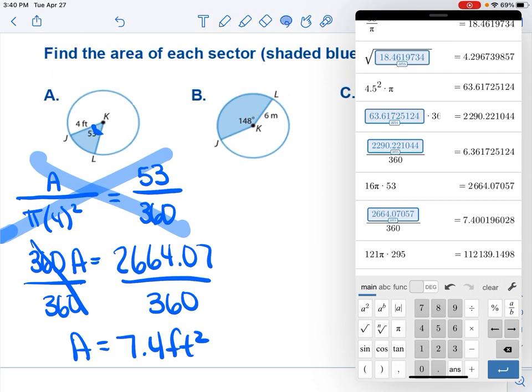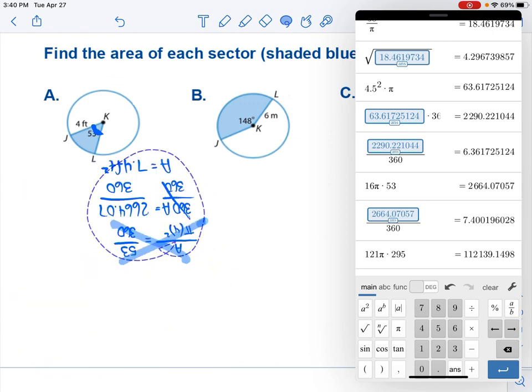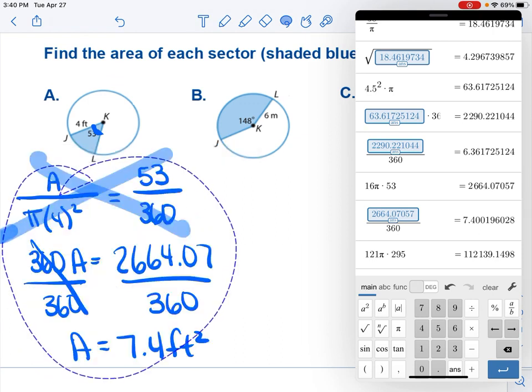Part B, let me go ahead and shrink this down. We can do the same thing.